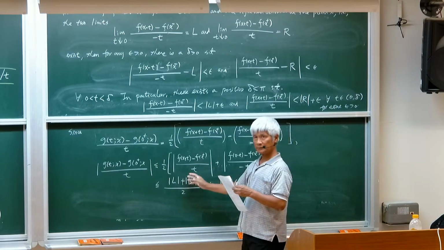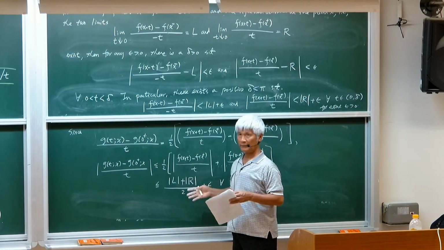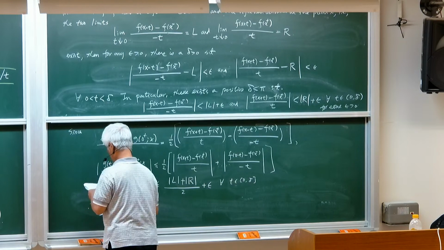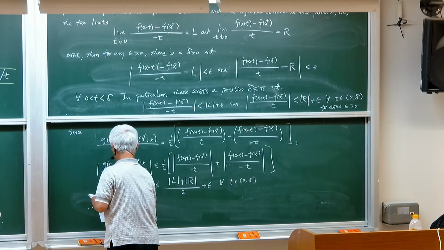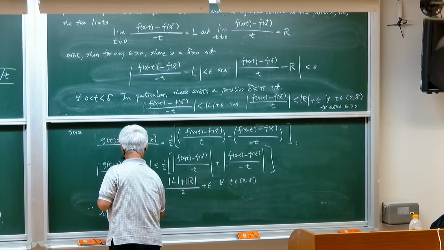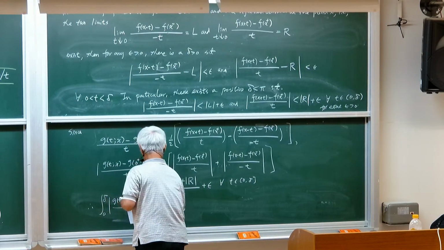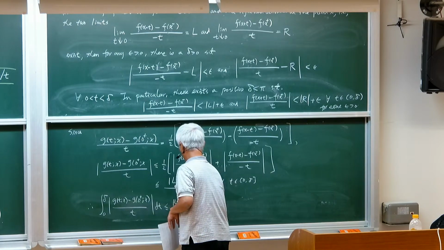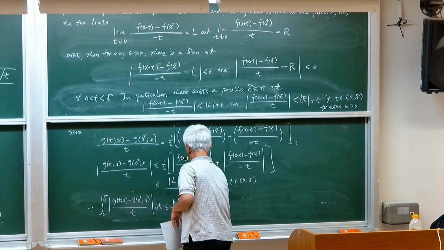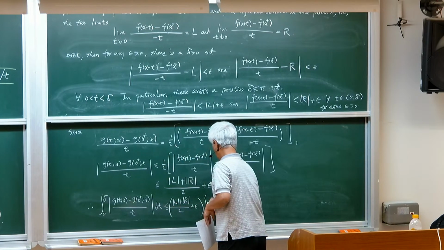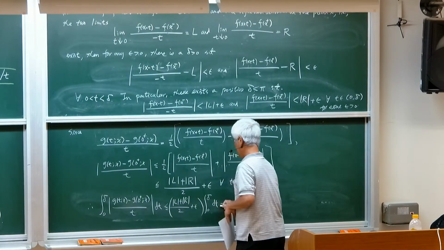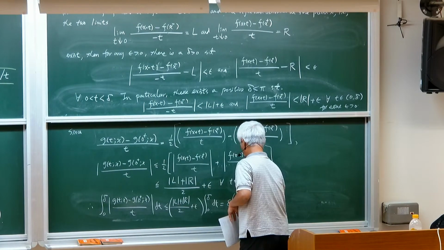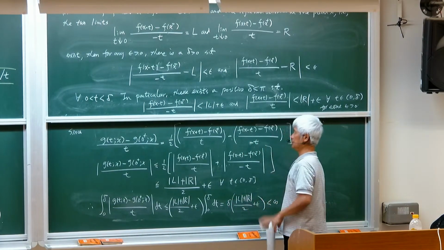Okay, and this is a constant, right? A constant, of course, is absolutely integrable, so if we evaluate the absolute value of this function, it is less than or equal to this, which is delta, and this is finite.